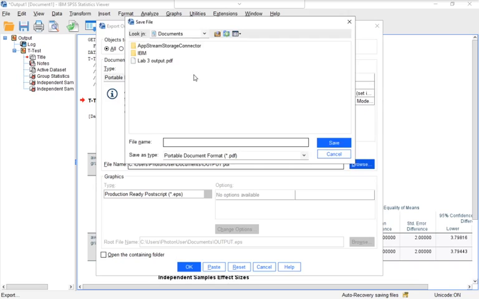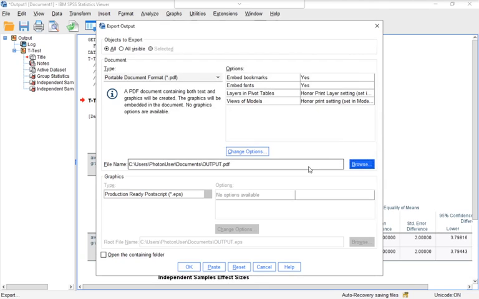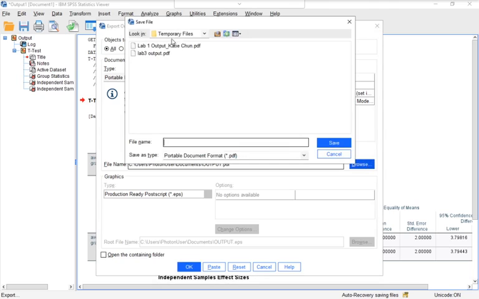And then I am going to go into temporary files. So, sorry, let me go slower. I'm going to press Browse, and then I click into temporary files, and I'm going to say Lab 3 output. I'm just going to put my name again and save it.